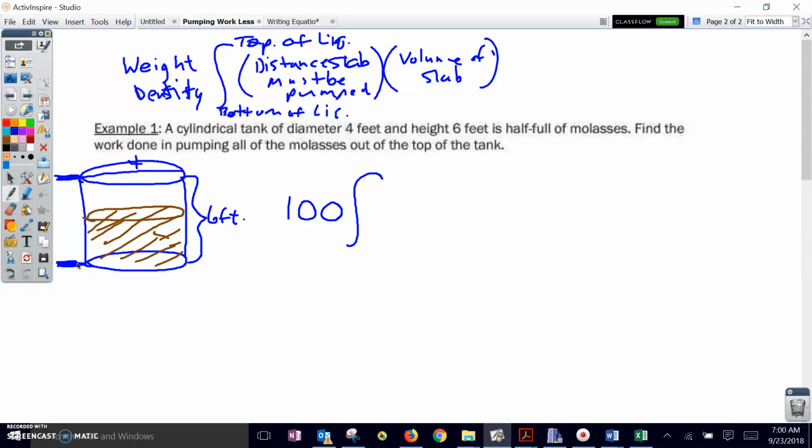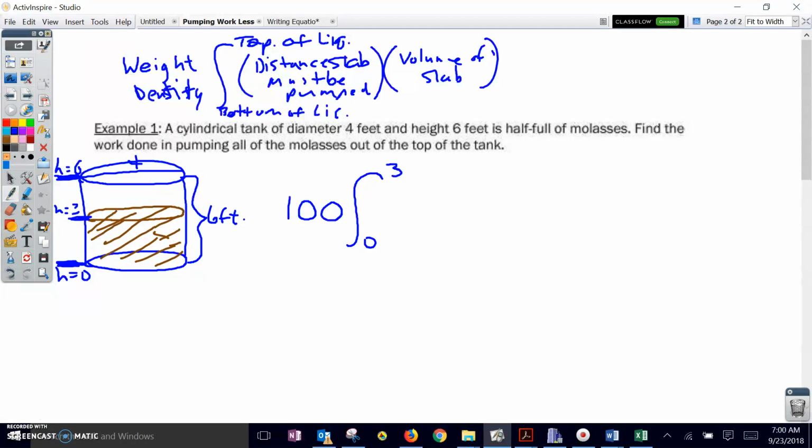Since this is a cylinder, it's not really going to matter. The calculations are going to be almost identical. So I'm going to let the bottom of this be h equals 0 and the top be h equals 6. And so the molasses is running from height 0 to height 3. So those are going to be my limits of integration.